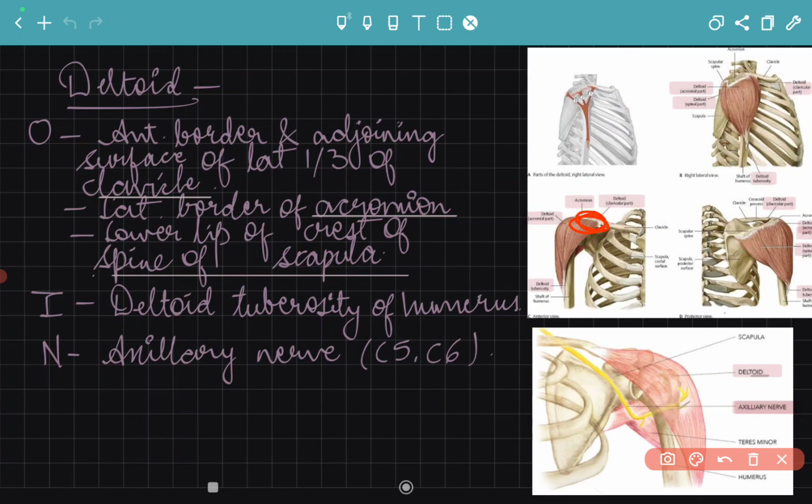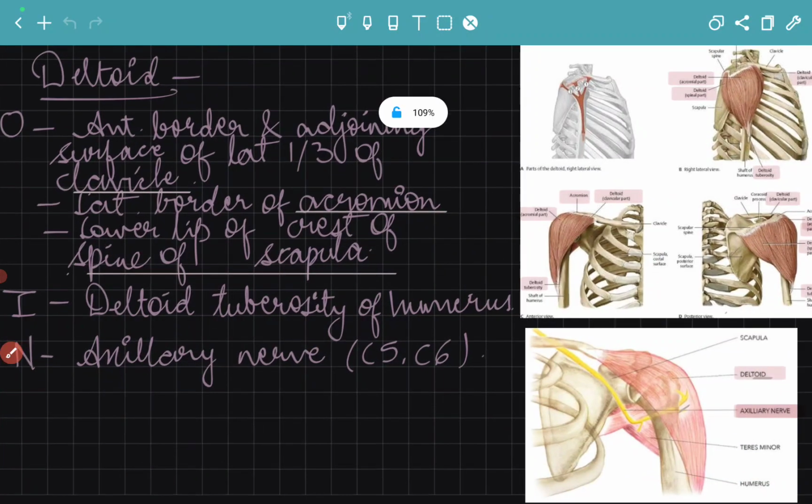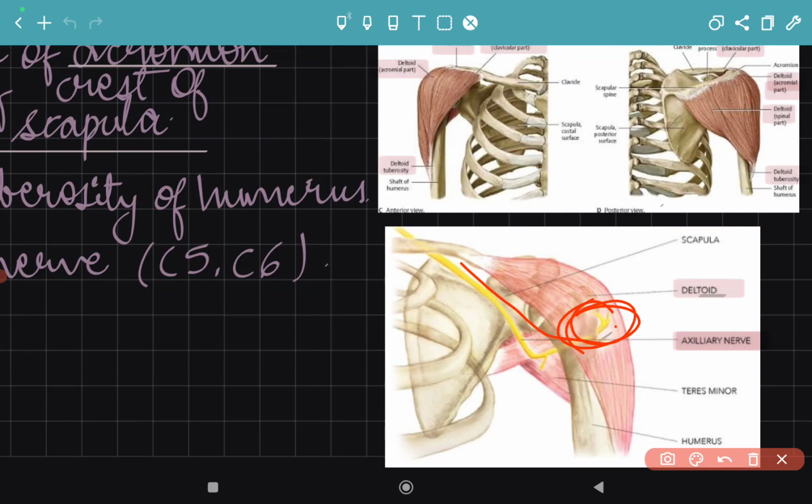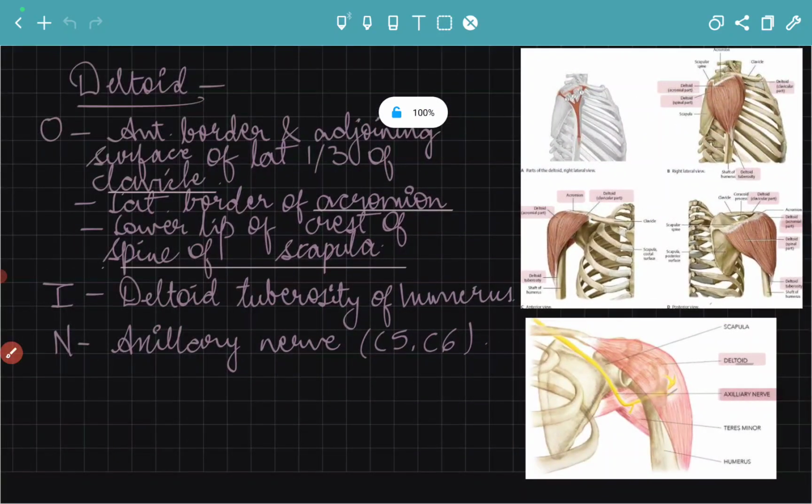Acromion also, the lateral border will be covered, as well as the spine of scapula. It will arise from lower lip of the crest of spine of scapula, going to insert to deltoid tuberosity of humerus. The nerve supply is the axillary nerve. So the axillary nerve is supplying the deltoid muscle. This nerve supply of deltoid is important as it has its clinical importance.